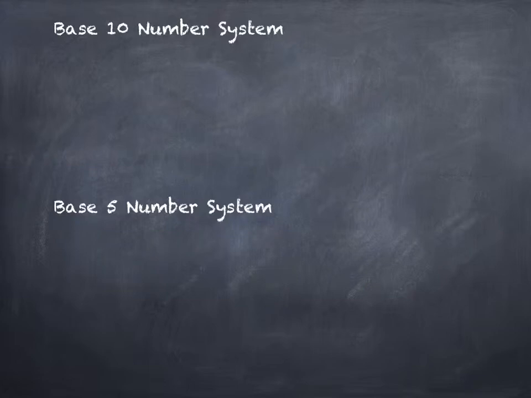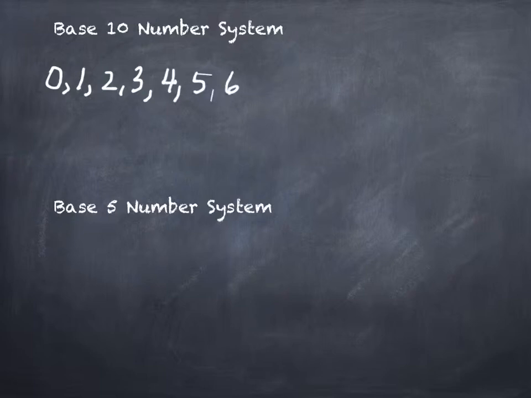Now, think with me: what is the first of our numerals in our number system? It's actually 0. So we have a numeral 0, and then we have 1, 2, all the way up to 9.